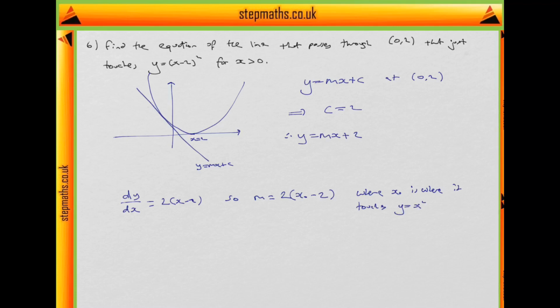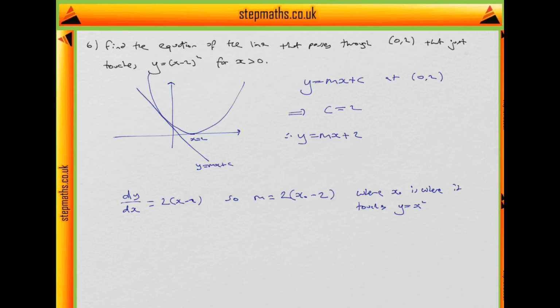At this point the y values of these two curves, y equals (x minus 2) squared and y equals mx plus 2, are going to be equal, so we can equate them. We can say m x naught plus 2 equals (x naught minus 2) all squared. And we know m is simply 2 times (x naught minus 2), so we now have a quadratic for x that we can solve.